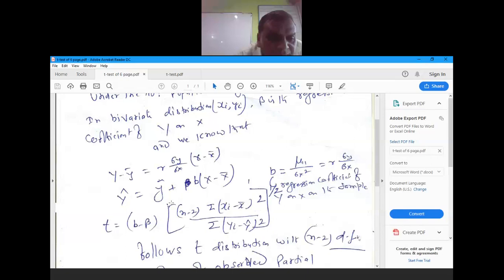For this you may write a simple formula: t is equal to a small b minus beta. Here a small b is nothing but the simple regression coefficient of y on x.